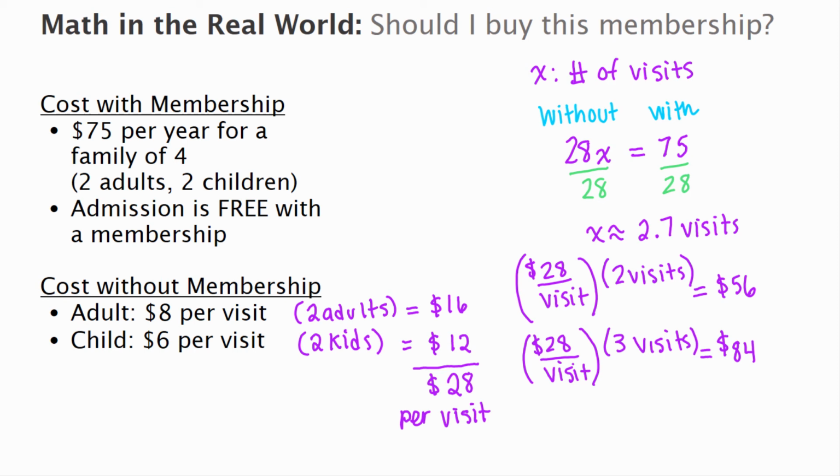But if you were going to visit 3 times or more, then it would definitely be worth it to purchase the family membership. So in this video, we've set up the problem, solved the problem using algebra techniques, and also interpreted our answer and made a decision.